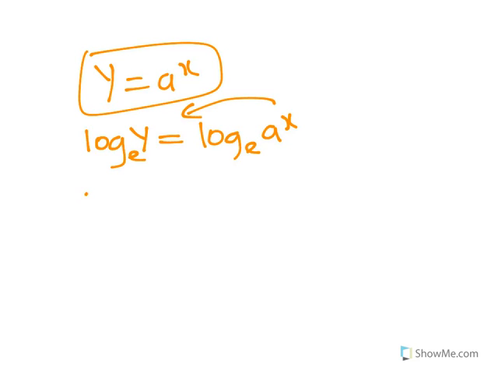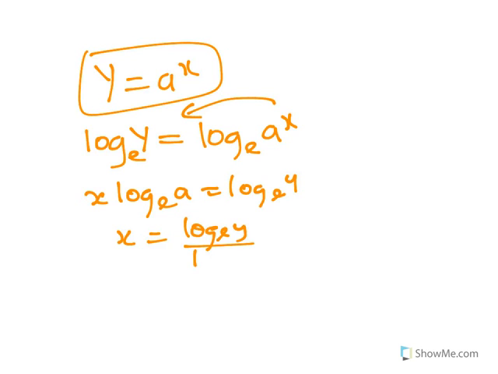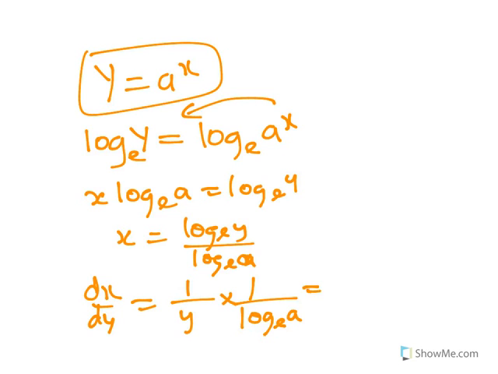The x comes down the front, so you get x log ea equals log ey. So that's x equals log ey over log ea. So when we go dx on dy, the y becomes 1 on y, and it's times 1 over log ea. Now, y is equal to a to the x, so it's a to the x log ea, which is basically the rule that I just did.